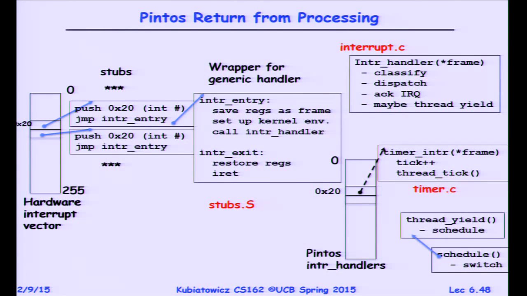So we return from switch into the new thread, we return from that into the interrupt handler. The interrupt handler acknowledges the IRQ, returns to the interrupt exit, which causes an interrupt return, restores the user stack and does a return from that, and poof, we resume some other thread, all because of an interrupt.